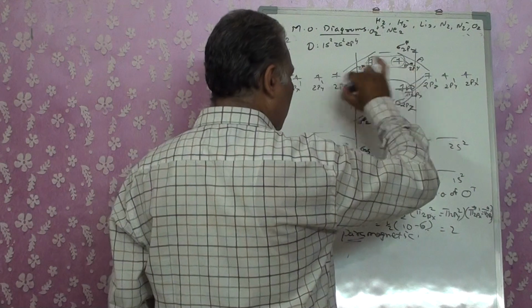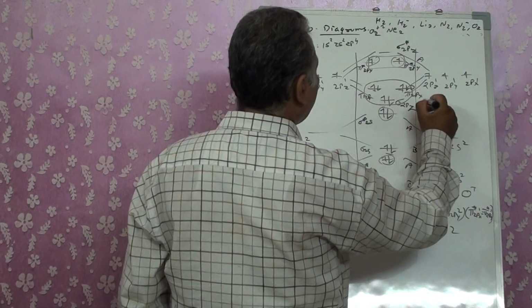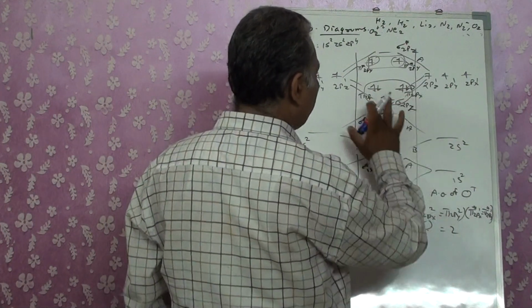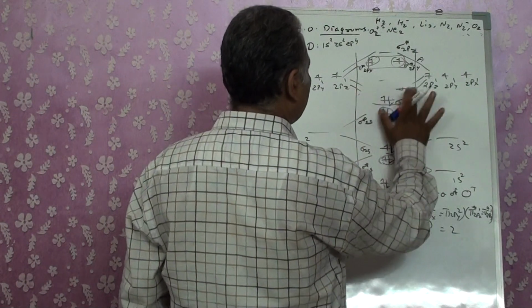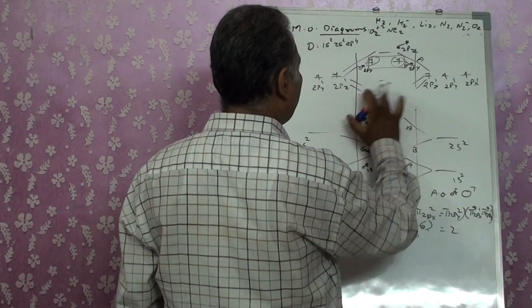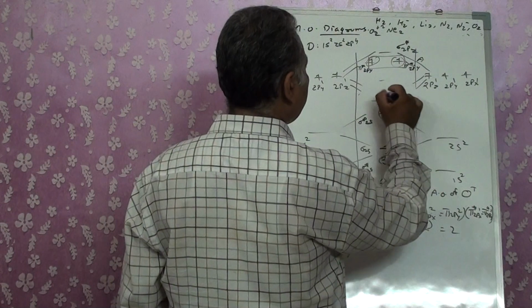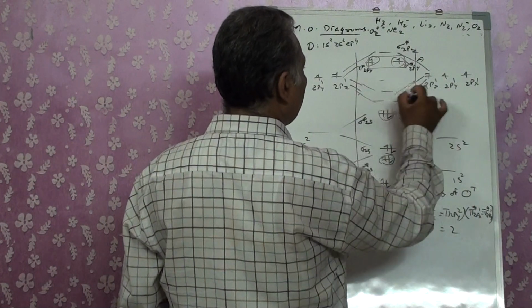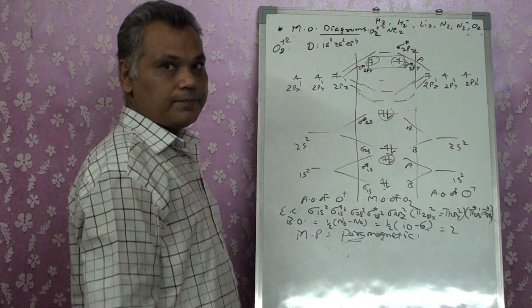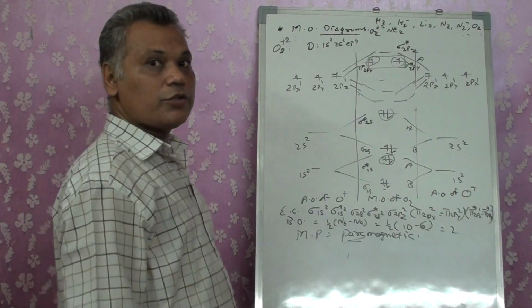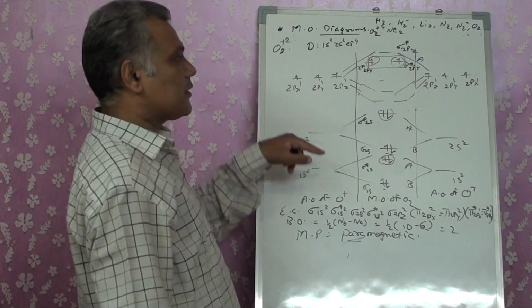This sequential order will be changed. The sequential order of this will change as 2, 1, as in the previous diagram, the previous nitrogen diagram. It becomes the same as nitrogen.